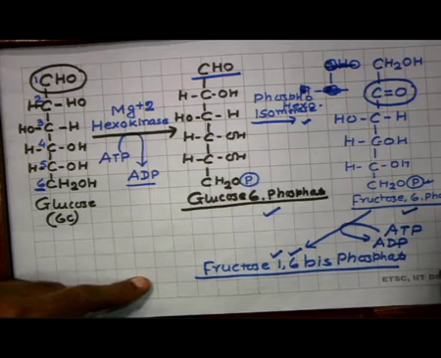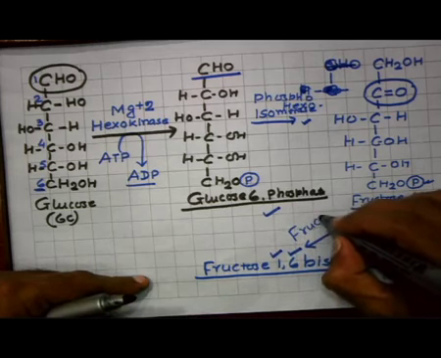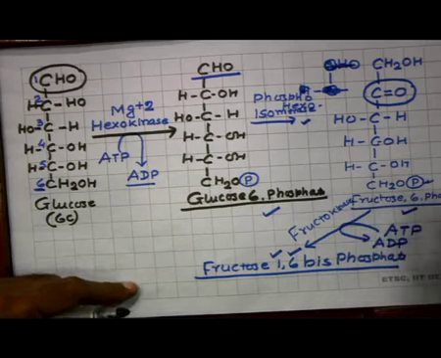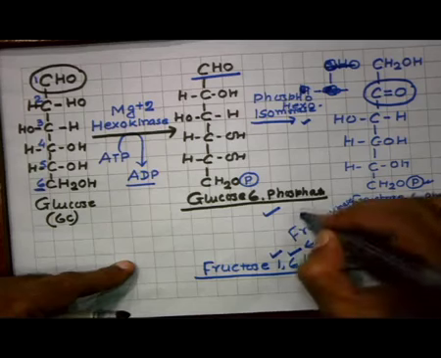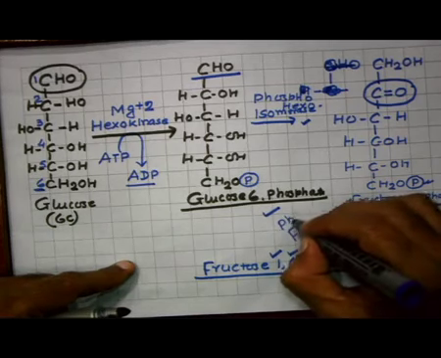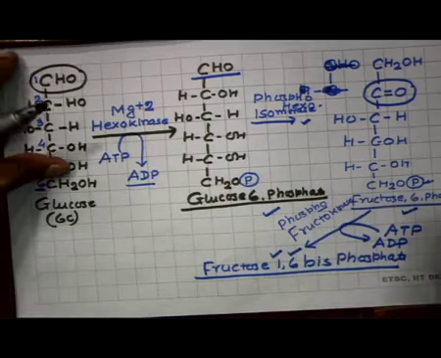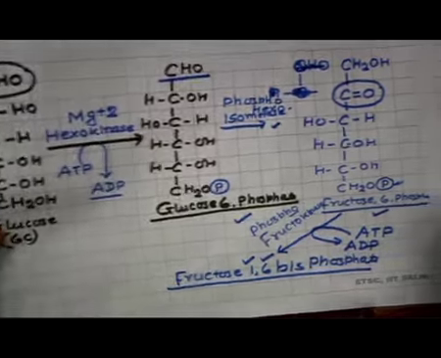Here the enzyme is fructokinase. We can say it is phosphofructokinase, because a phosphate group is already present at the 6 carbon atom of the fructose molecule.